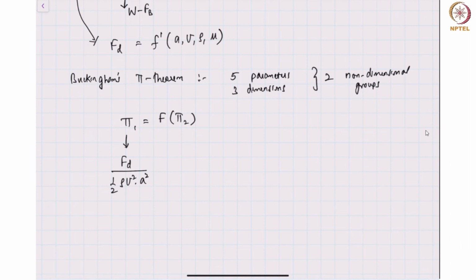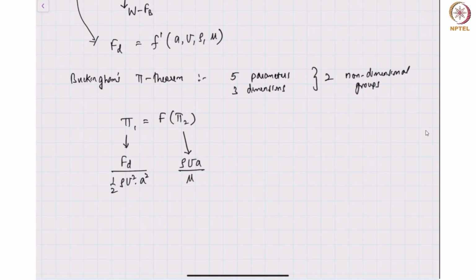Okay, this is a non-dimensional number, and the other non-dimensional number, pi 2 in this case, would be the fluid density, the velocity of the particle, the size of the particle, and the viscosity of the surrounding fluid.